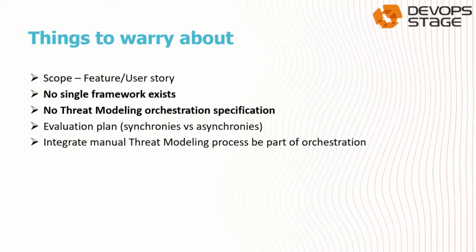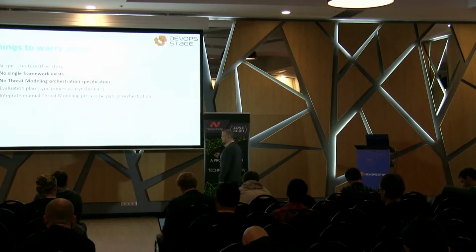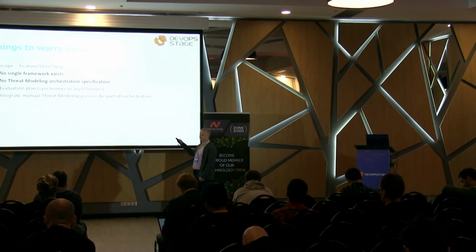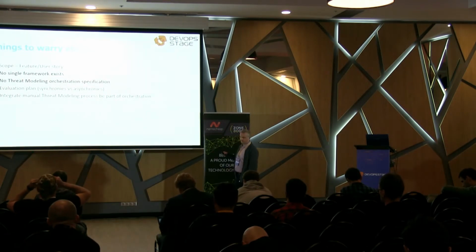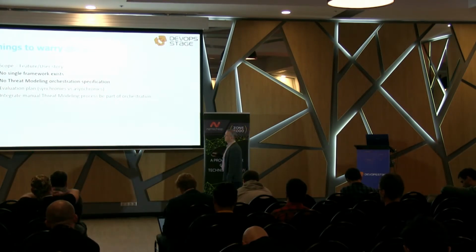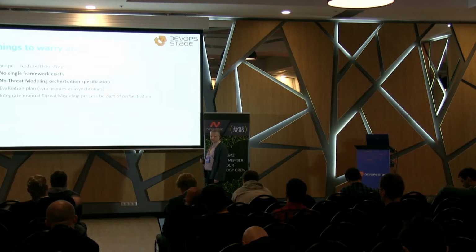The last point, as I said, is that sometimes we have a manual threat modeling process for the hard stuff, or for the non-automated part. But the output of this process should also be a new YAML file and new patterns, so the next time it will be part of the known parts.